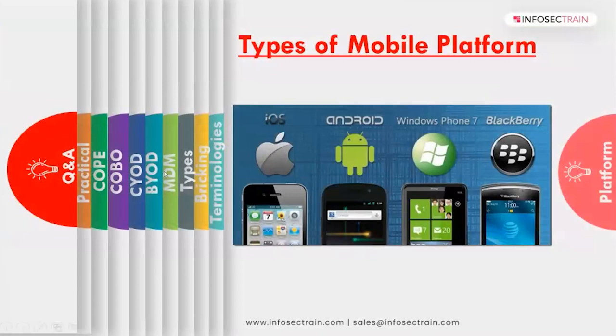Apart from these, can you name some of the mobile platforms? There was Symbian as well, which was used in smartphones, but the smartphones were not using Android, right? Symbian was there. Then, how many of you guys know about KaiOS? Heard of it?